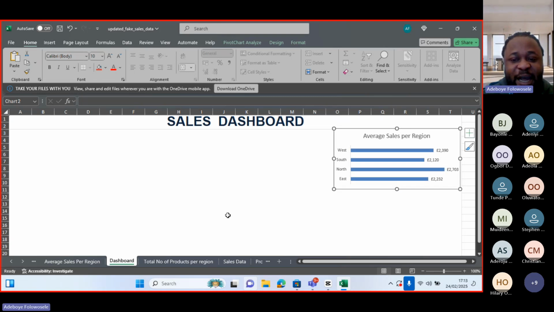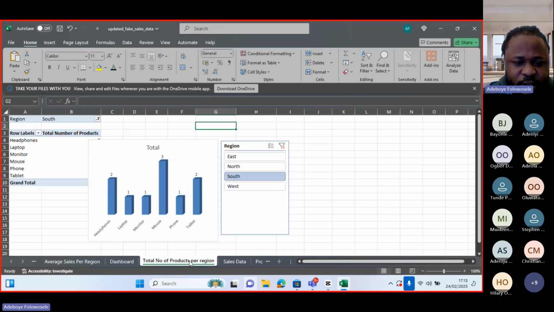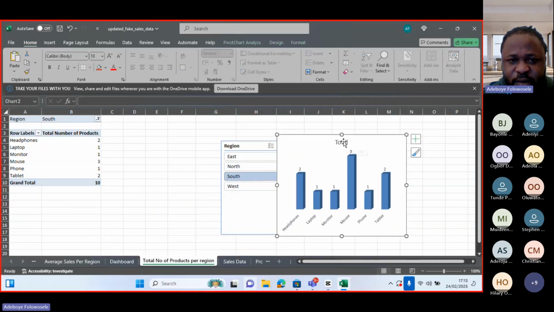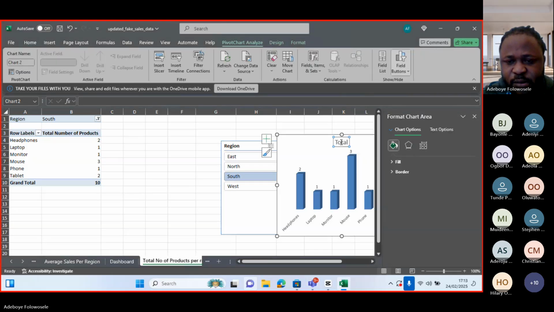So depending on the charts that we have, that's what we want to build our dashboard on. So that's average sales per region. Then this is the total number of products. Let me rewrite the title here as total number of products.